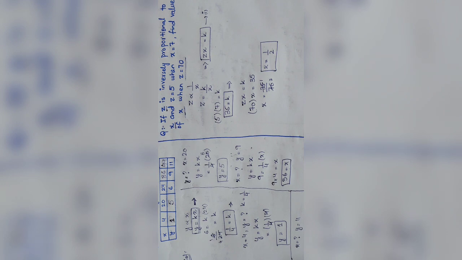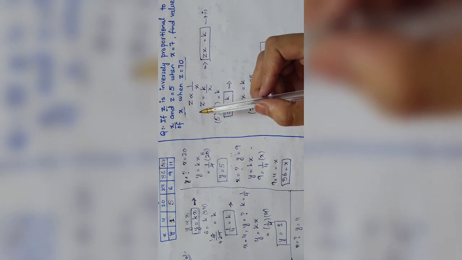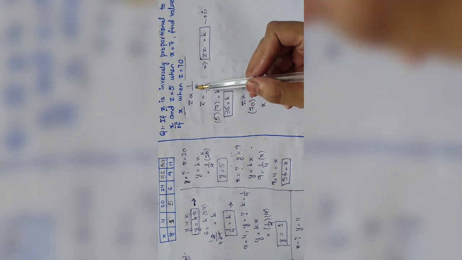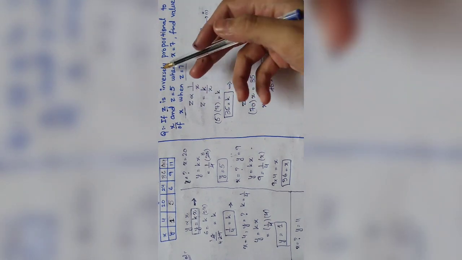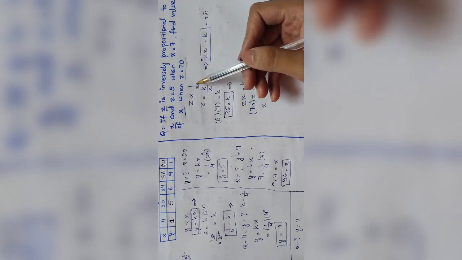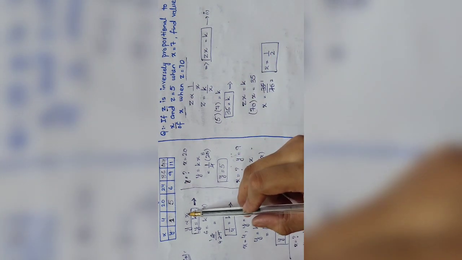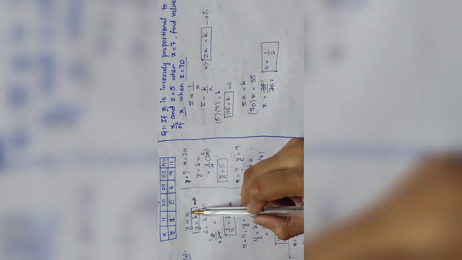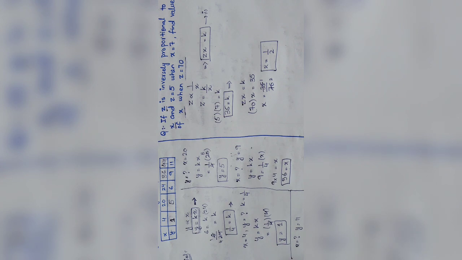And in inversely proportional you have to just know how to write the equation in this form. Inversely proportional means you have to write it in the denominator, and in directly proportional you write it the same, no denominator, no numerator, direct. This is the difference in both the proportionalities.